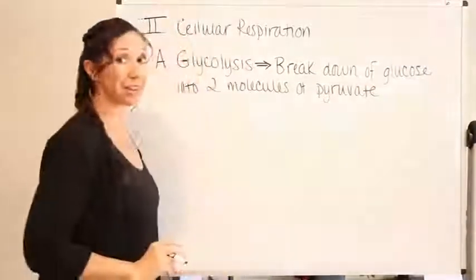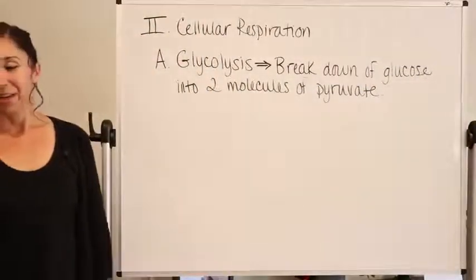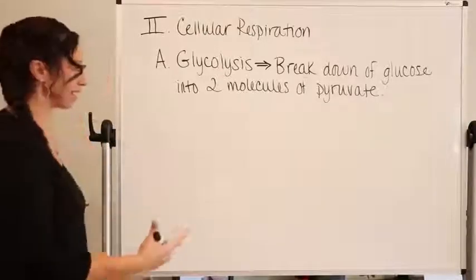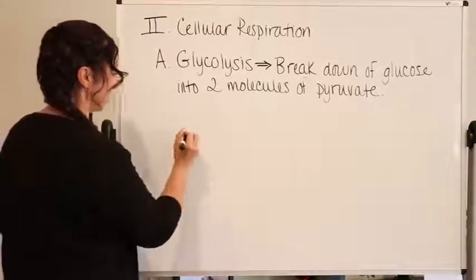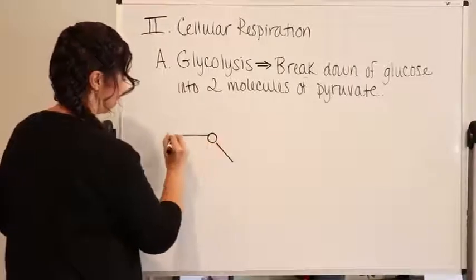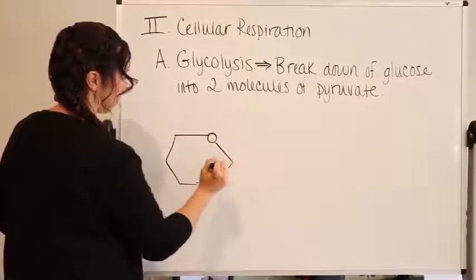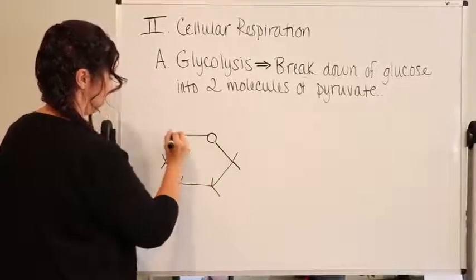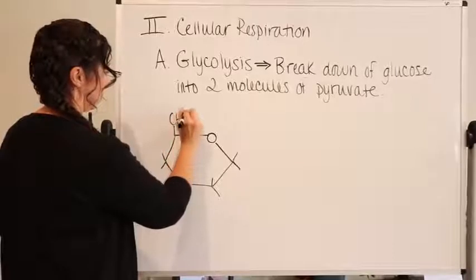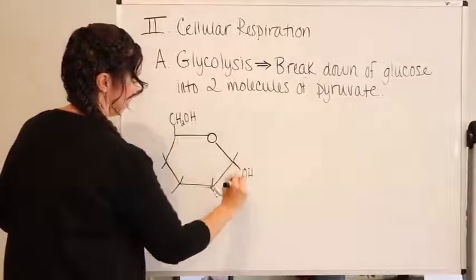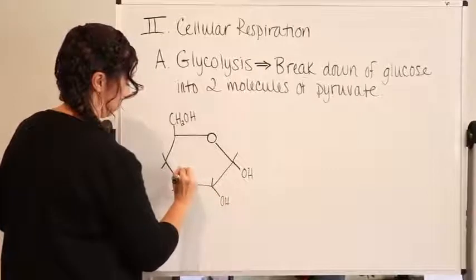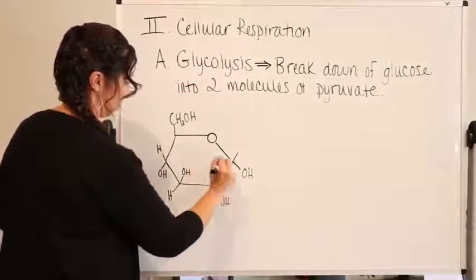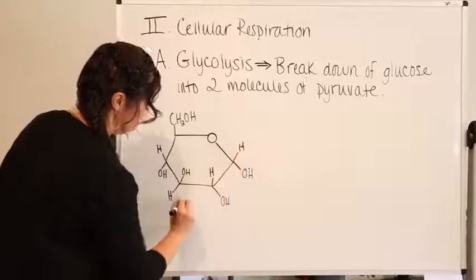All right, let's see what that looks like, shall we? So glucose, if you remember back from Unit 1, see how all of this is coming back together. You can't forget stuff in biology. It's always going to come back. So here's glucose.